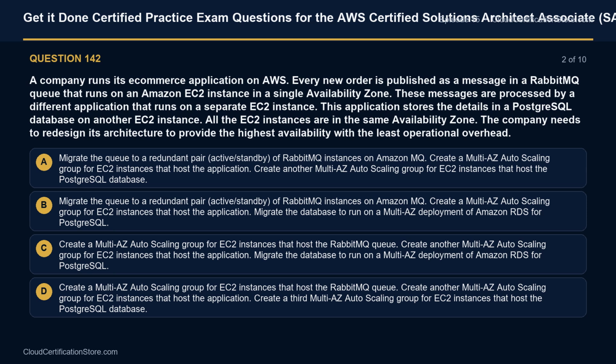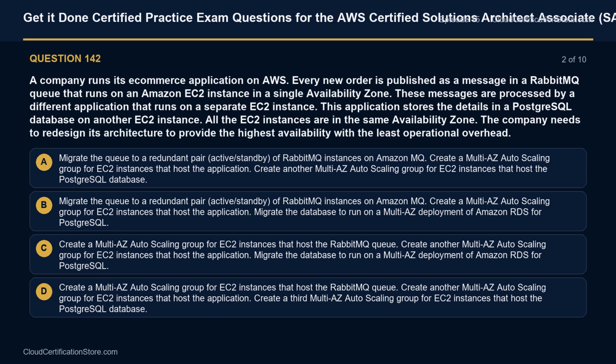Option B. Migrate the queue to a redundant pair, active/standby, of RabbitMQ instances on Amazon MQ. Create a multi-AZ Auto Scaling group for EC2 instances that host the application. Migrate the database to run on a multi-AZ deployment of Amazon RDS for PostgreSQL.